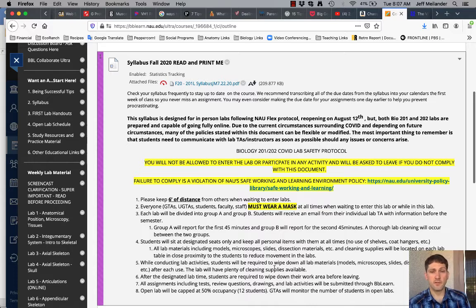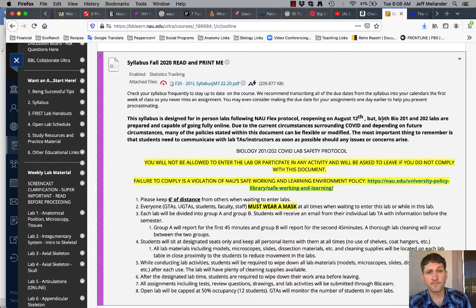This is new, obviously, and so we are putting in here that the syllabus is designed for NAU Flex starting on the 12th, but because everything is changing so rapidly, I made reference to those inflatable people that you tend to see at a used car lot that flail in the wind and you never really know which way they're going to go.